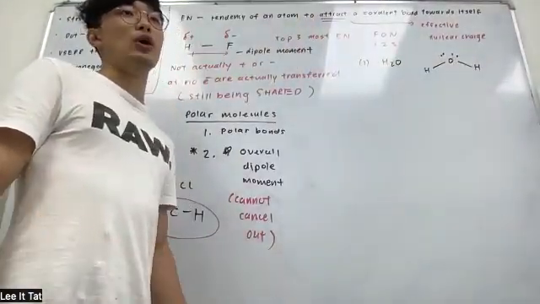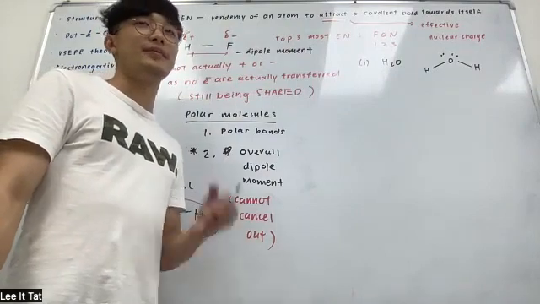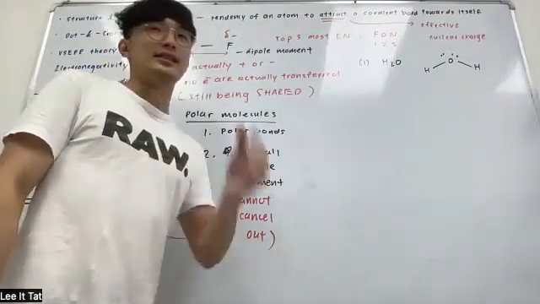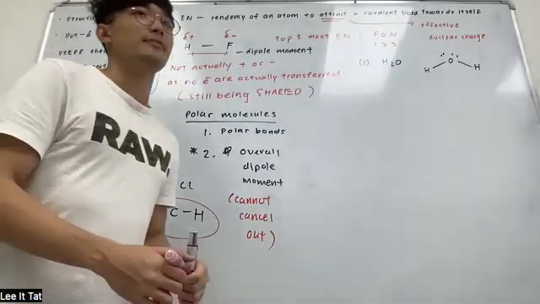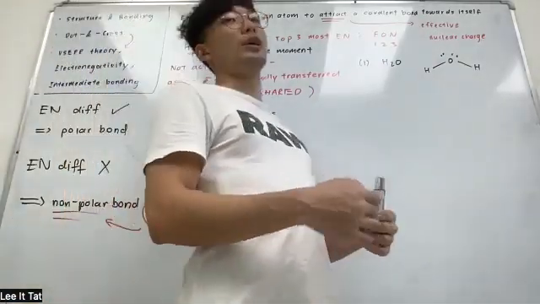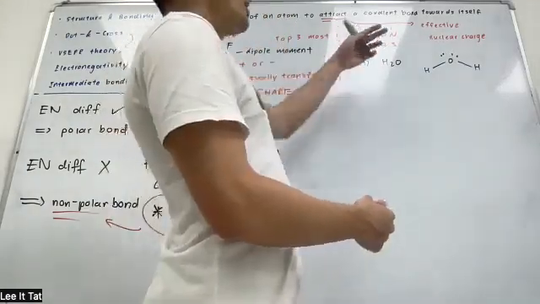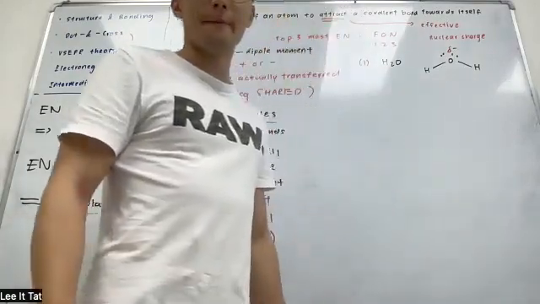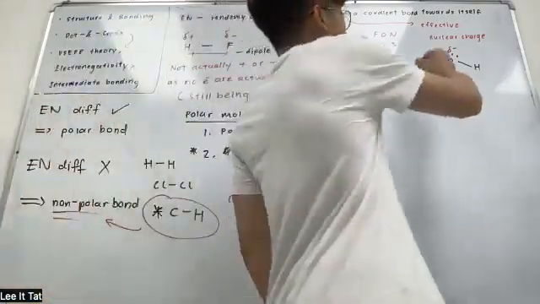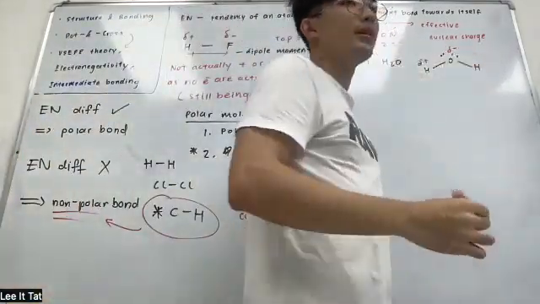Anyways, let's discuss whether this molecule is polar or not. Guys, is there a difference in electronegativity? O and H, who is more electronegative? O, right? O is the number 2. So give it a partial negative. H is a partial positive, right?